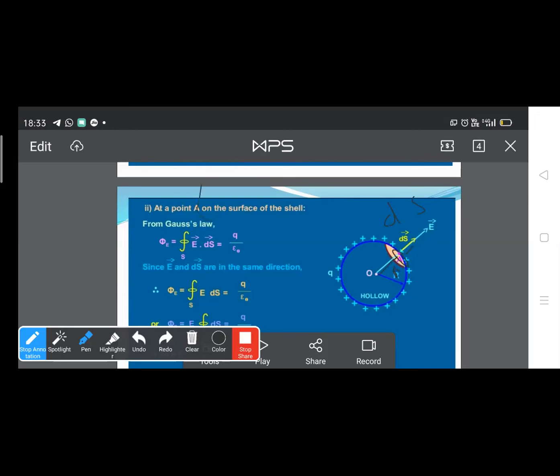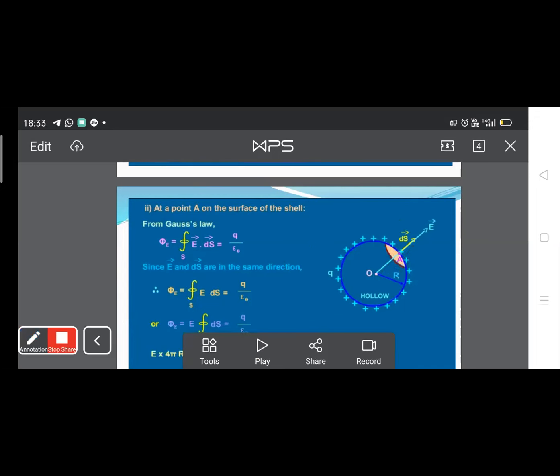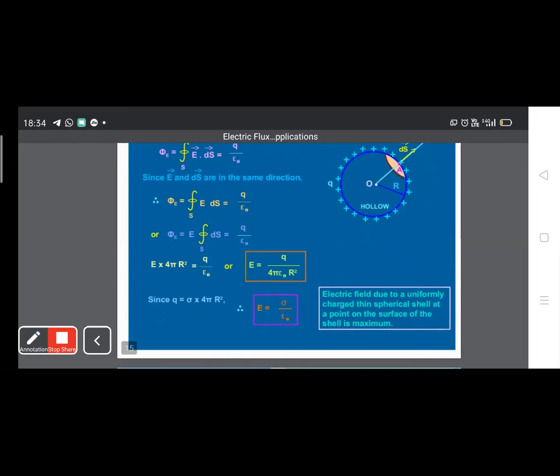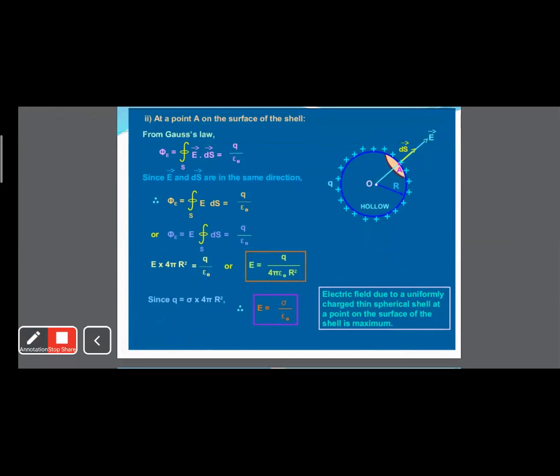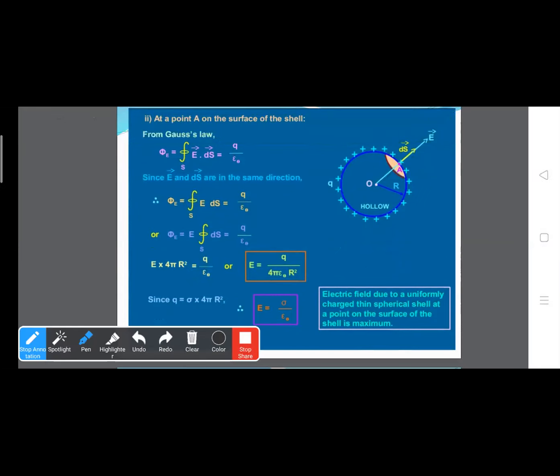So E dS cos 0 will equal E dS. Clear? Okay. So apply Gauss theorem. Phi equals the surface integral of E dS equals Q upon epsilon naught.